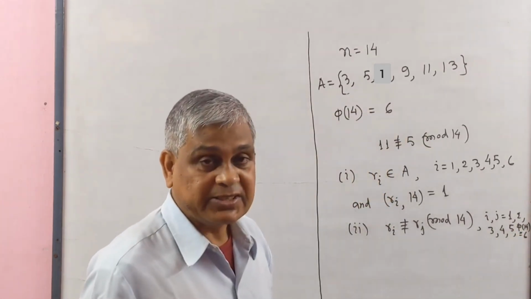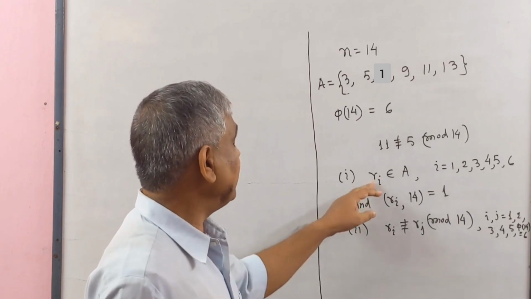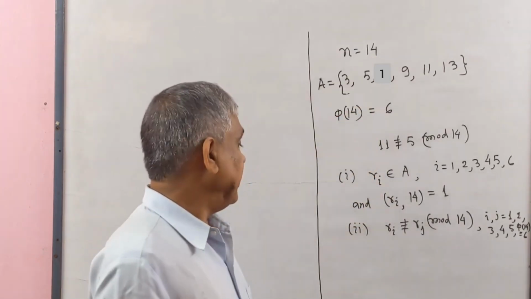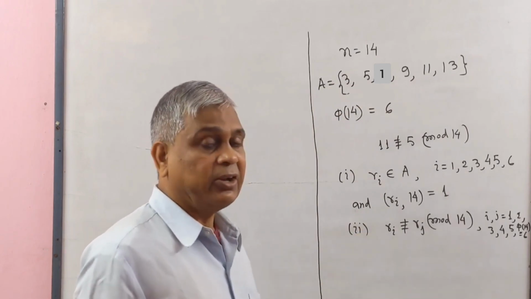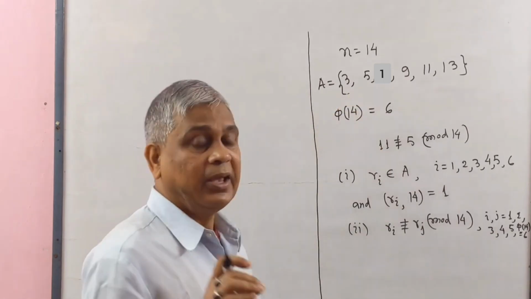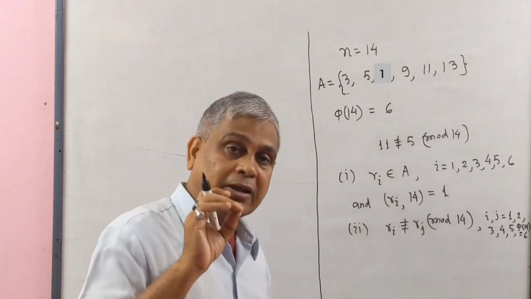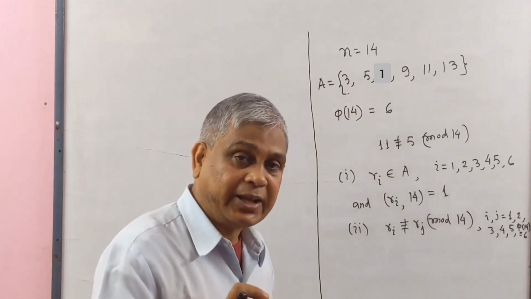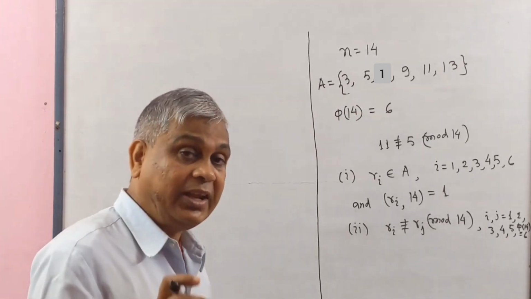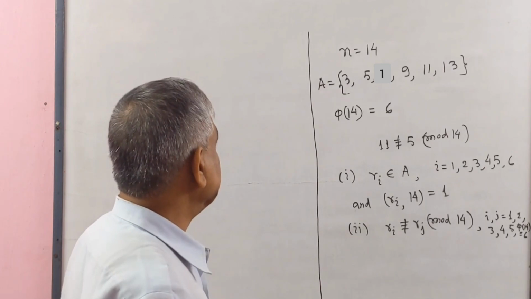Number 1 represents that each Ri is relatively prime to 14, and number 2 represents that no two elements of A are congruent to each other modulo 14. We may think this in other way also.